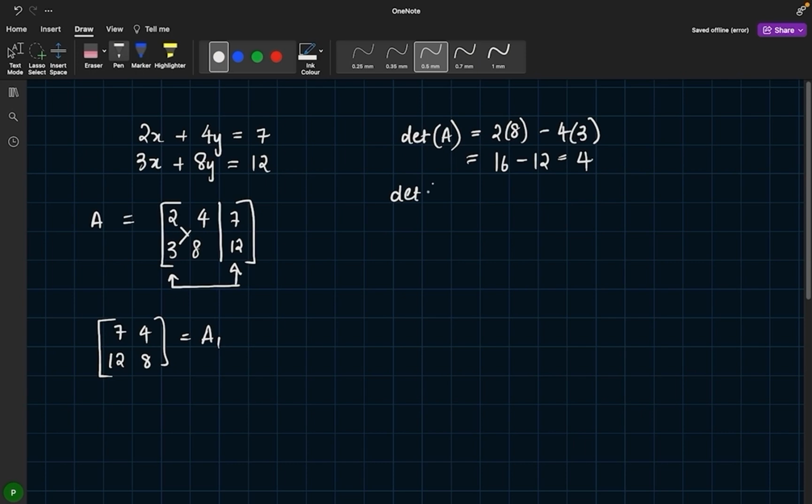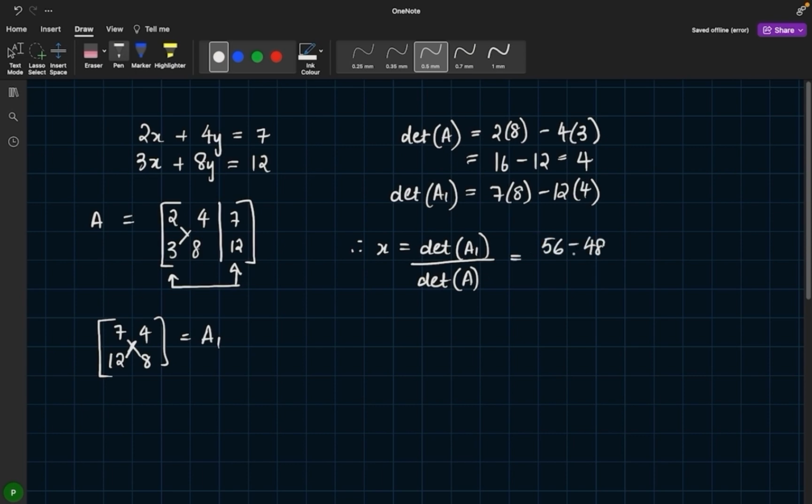What is the determinant of A1? We know how to solve this as well. It's 7 times 8 minus 12 into 4. Let's just leave it at that. Therefore, our x value is the determinant of A1 divided by the determinant of A, which is 56 minus 48 over 4.